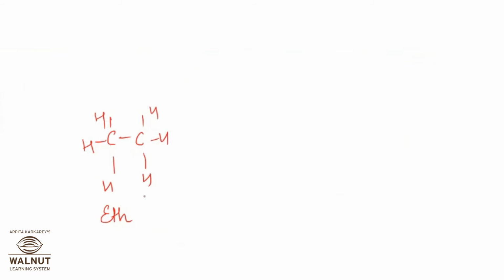Like you have root words in English, same way over here. Now is this an alkane, alkene or alkyne? Alkane. And in alkane, what is the suffix that we add to the end? Ane. So this is ethane.